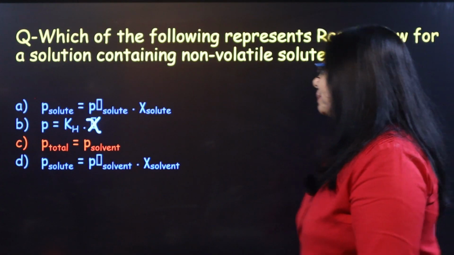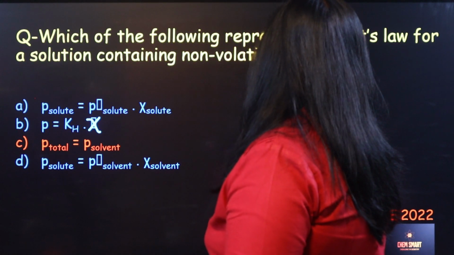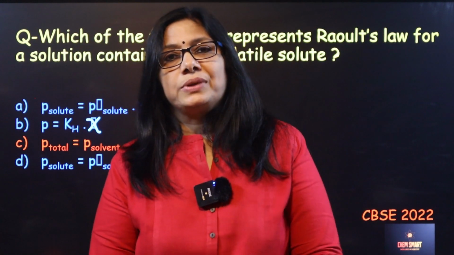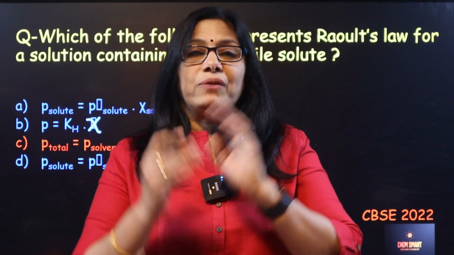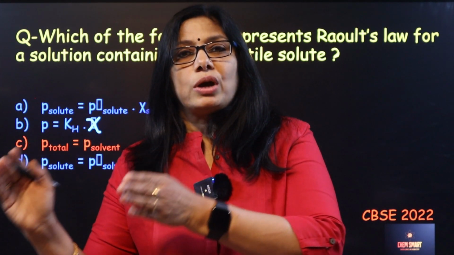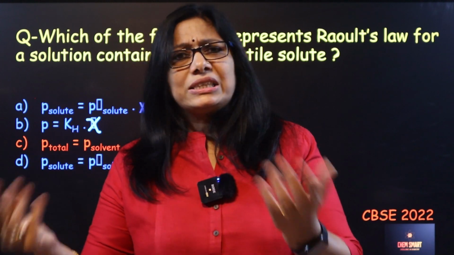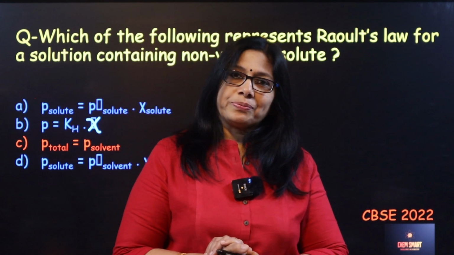Now, next question. Which of the following represents Raoult's law for a solution containing a non-volatile solute? You know Raoult's law, P1 is equal to P01 into chi1, P2 is equal to P02 into chi2. These things you have done under the mathematical form of Raoult's law, right?